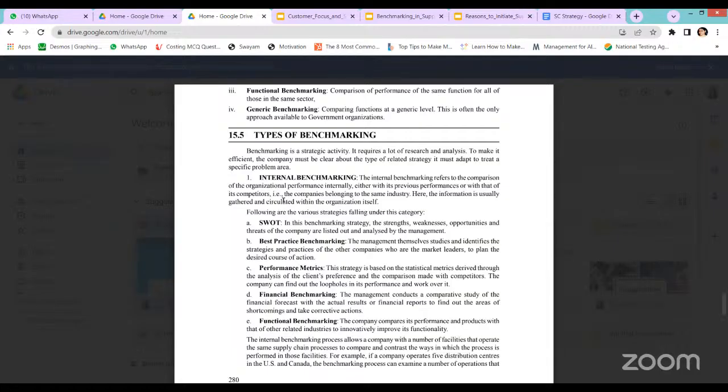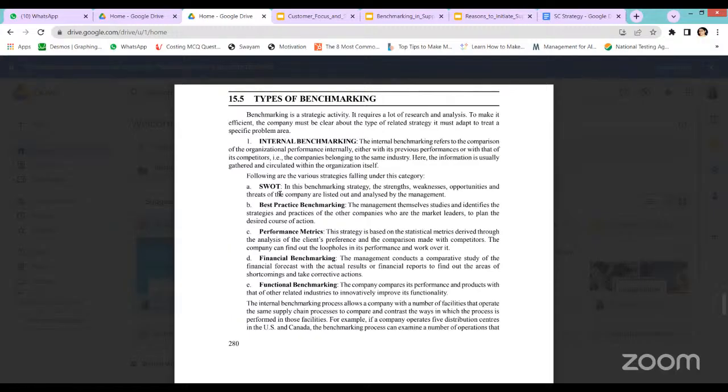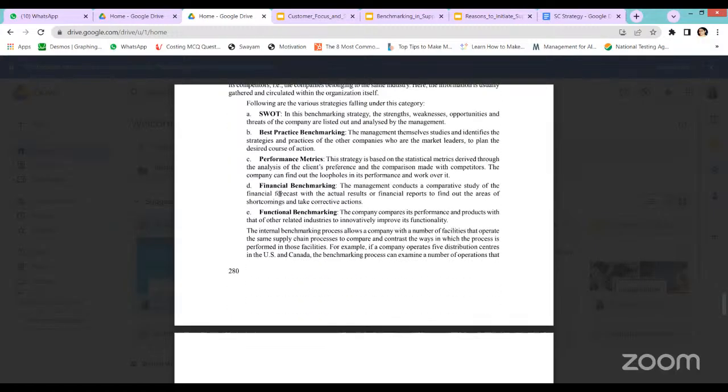So what strategies or criteria do you adopt to establish a benchmark? For internal benchmarking, there are various strategies involved: SWOT analysis, that is, identifying your strengths, weaknesses, opportunities, and threats; best practices benchmarking; performance metrics; financial benchmarking; and functional benchmarking.